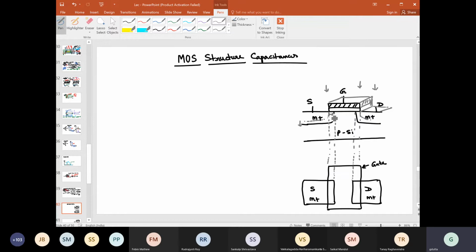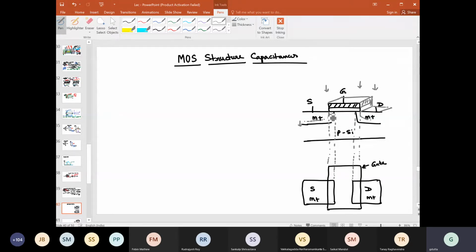This is called lateral diffusion or horizontal diffusion. Earlier you may have thought that my gate length is this one, the physical gate length, whatever we have made, but actually this will not be the gate length of the MOSFET. The MOSFET gate length will be reduced due to the lateral diffusion.